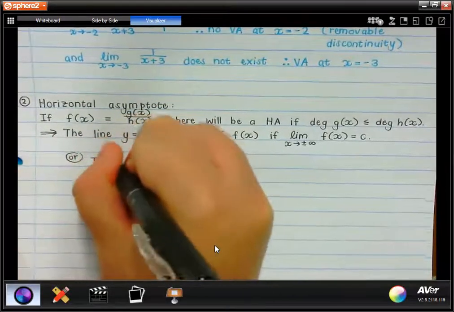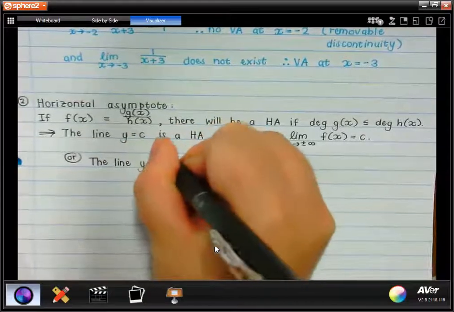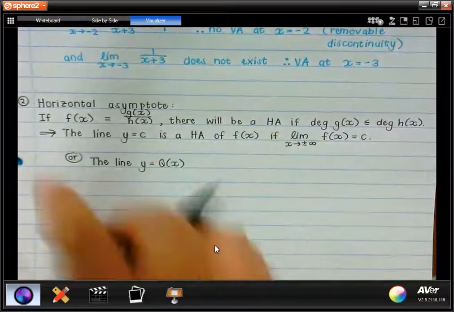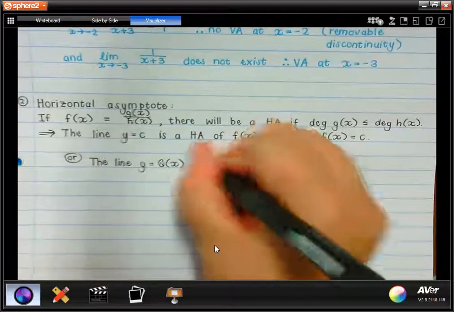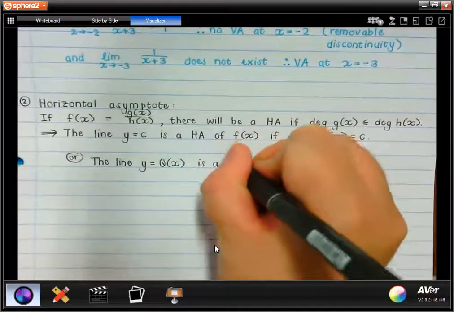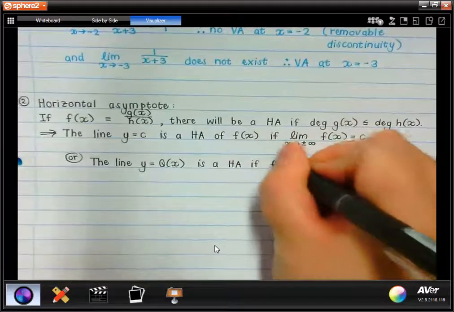You can do what I showed you before: the line y equals q of x, but q of x in this case will be a number, is a horizontal asymptote if f of x is written in this form.